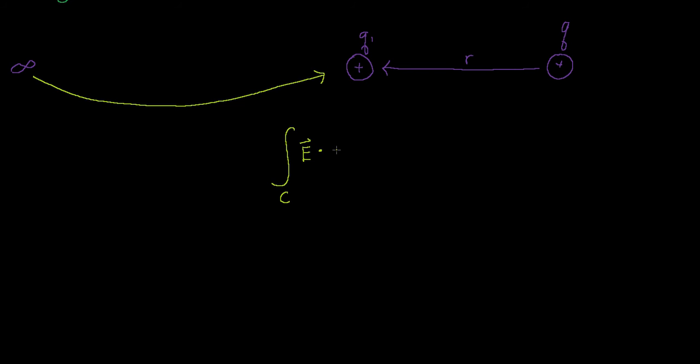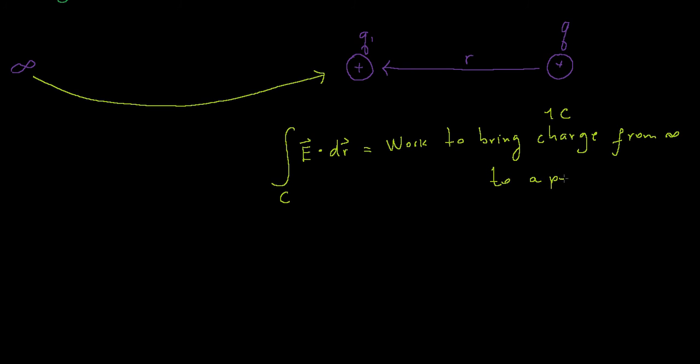And we dot this with dr, which is an infinitesimal vector at each point here. And this is going to be equal to the voltage difference, or the work to bring 1 coulomb of charge from infinity to a point, let's say r prime.